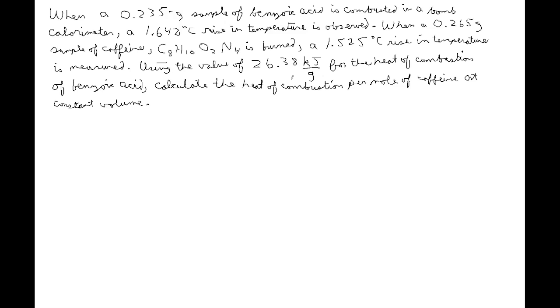Using the heat of combustion of benzoic acid, calculate the heat of combustion per mole. They're looking for constant volume, delta E for caffeine, and we can assume that it's negative because it's being combusted.